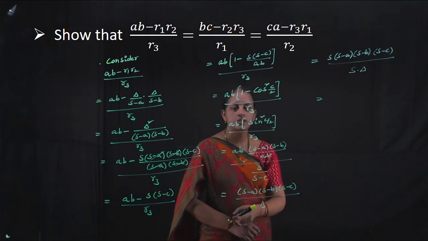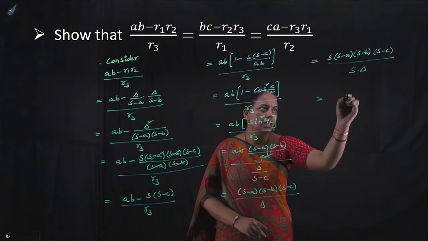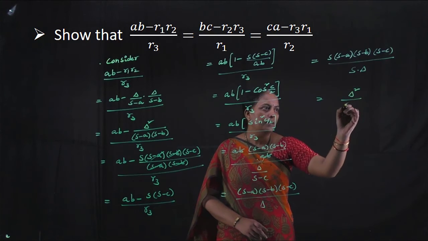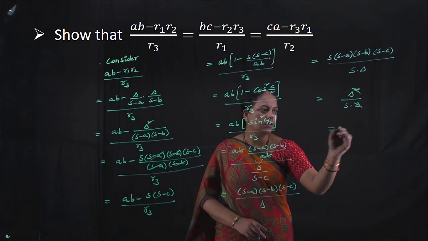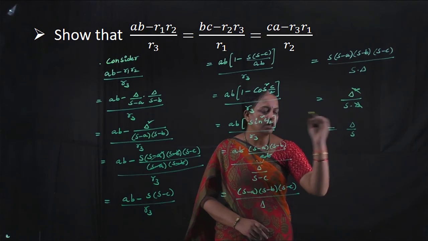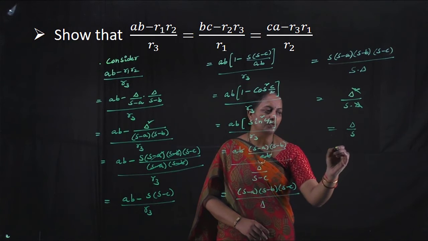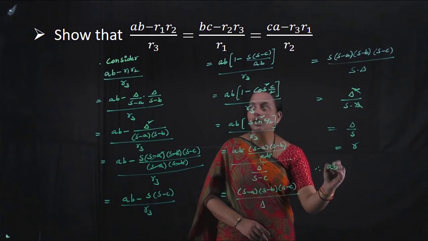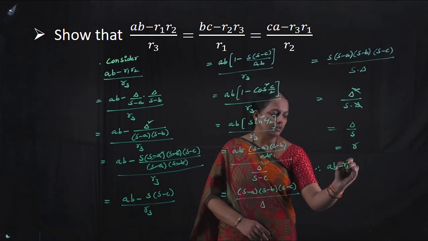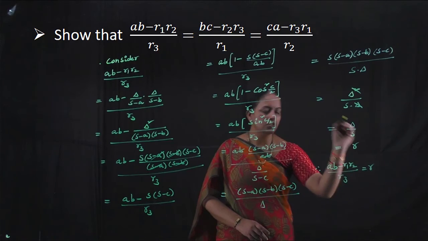And from Heron's formula we can write S into S minus A, S minus B, S minus C means delta square, by S into delta. Here delta square and delta cancel and the remaining part is delta, and we know that small r is equal to delta by S. Therefore delta by S means small r. Hence AB minus R1 R2 by R3 is equal to small r.